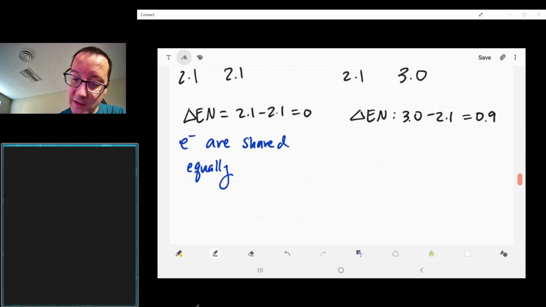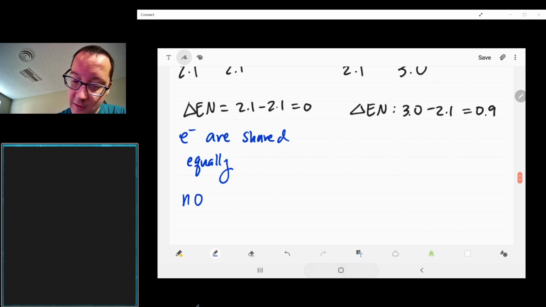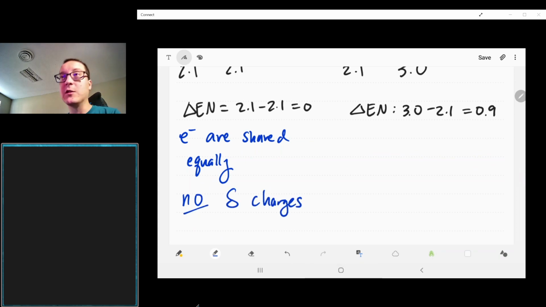So we have no partial charges in this molecule as a result of that. Because everything is being shared equally, there's no uneven distribution, so there's no fake charges here.